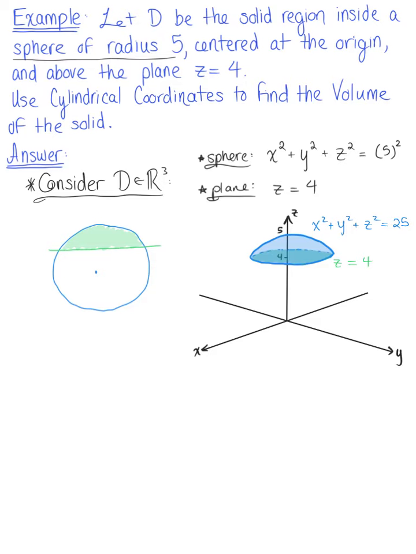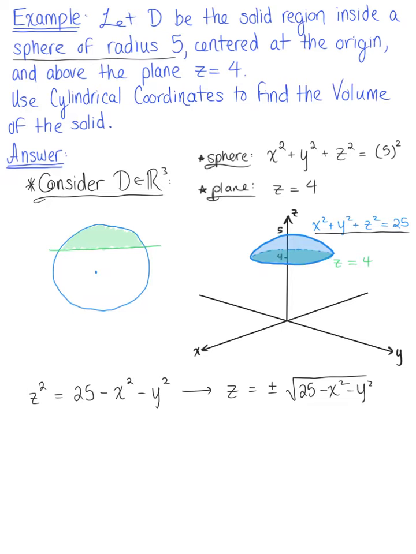Now, because we're using cylindrical coordinates, we need to rewrite our upper bound in terms of z. So we are taking our sphere and solving for z. So I've got z squared is equal to 25 minus x squared minus y squared. And taking the square root of both sides, we are left with z is equal to plus or minus the square root of 25 minus x squared minus y squared.